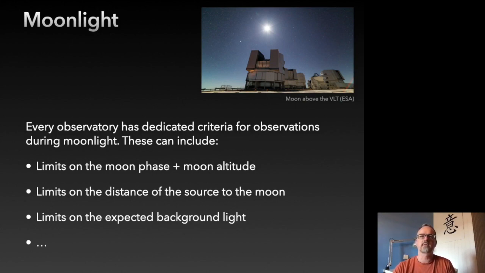Other more complex calculations can take into account the distance of the source you want to observe to the moon, and maybe also complete simulations of the expected background light due to scattered moonlight. And I will now go to the Astro-COLIBRI website to illustrate how these different parameters influencing the visibility of an astrophysical source are taken into account in our tool.